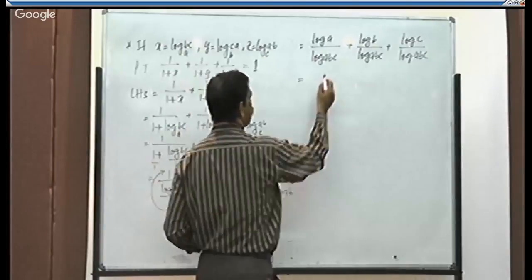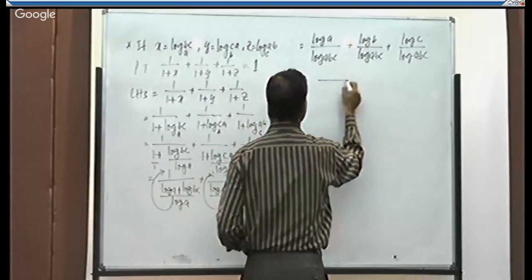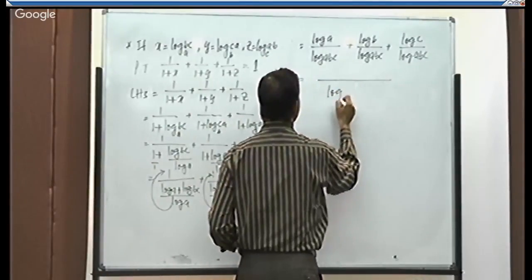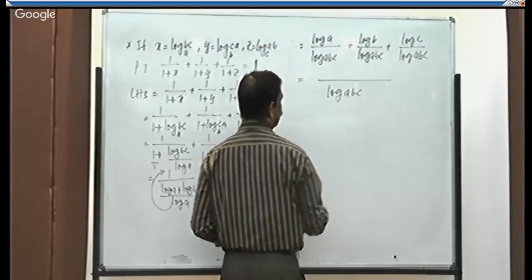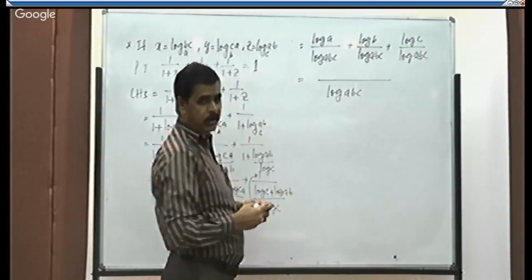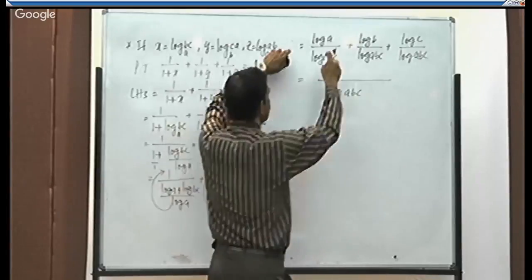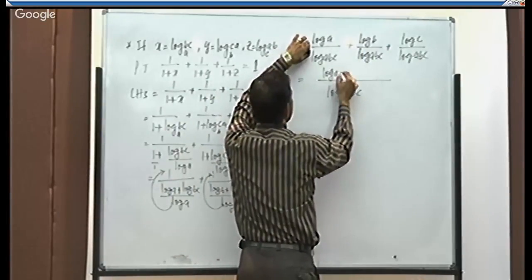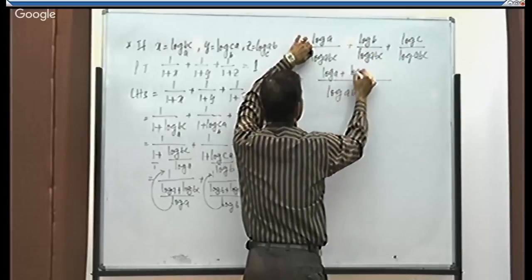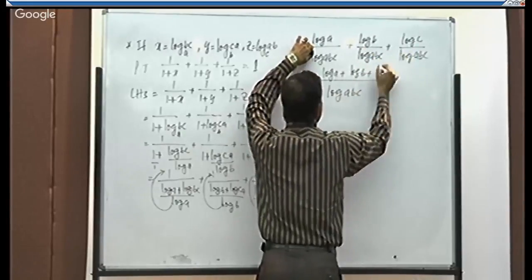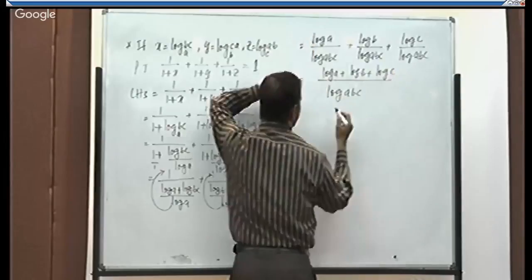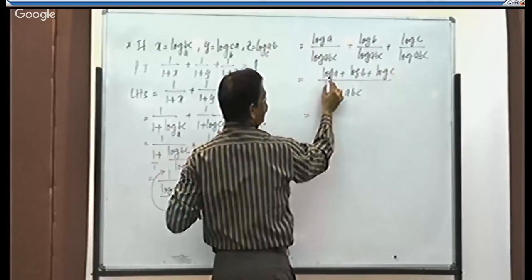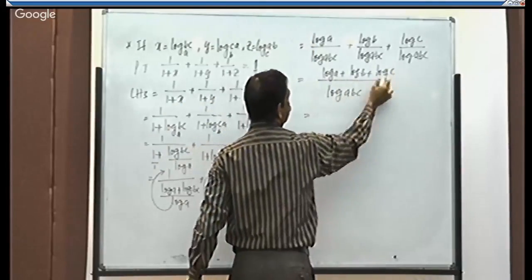Therefore, again you take LCM for these three terms, log of ABC. When we have a common denominator, then the numerator will not be changed. You have to take it as it is. That means log A, log B plus log C. First law, log M plus log N plus log P is equal to what?